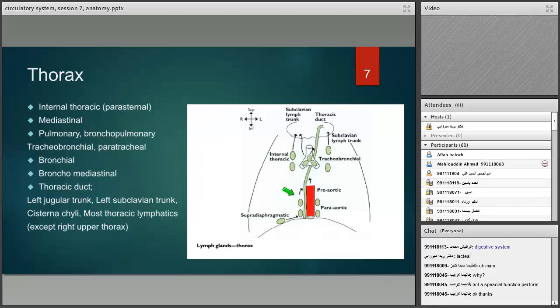Near the fifth thoracic vertebra, the thoracic duct will change its direction and go almost to the left side. Can you see? At the level of the fifth thoracic vertebra, it changes direction and goes to the left side, almost.